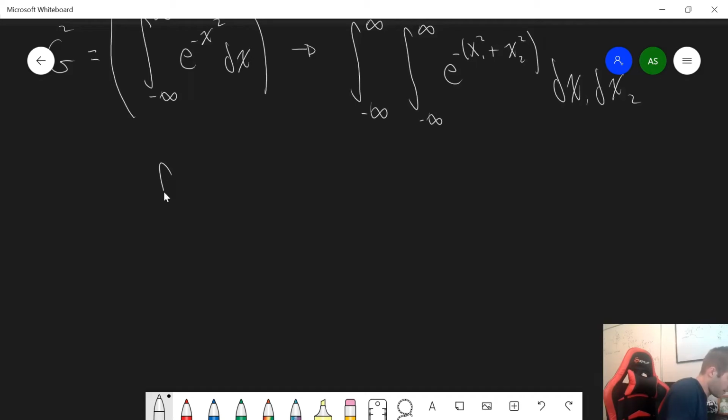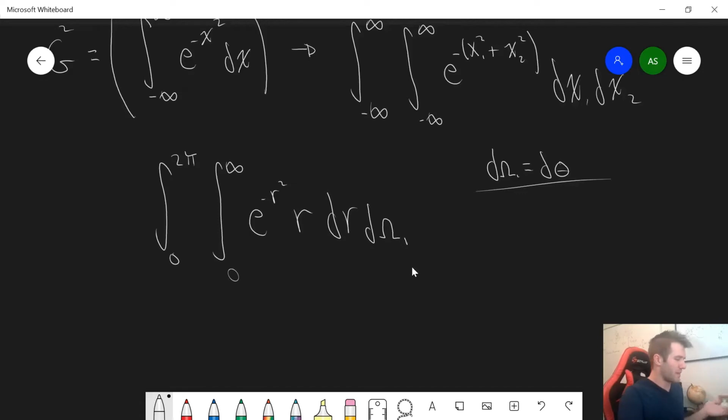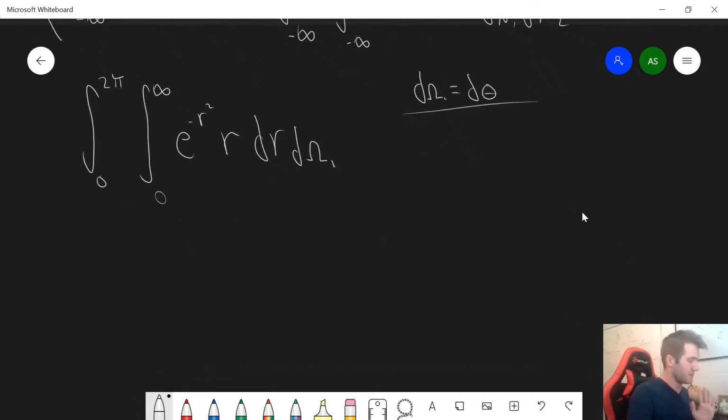We're going to obviously have our 0 to 2 pi on the outside here, and this is going to go from 0 to infinity, and we're going to have e to the negative r squared times r for our Jacobian, and dr, and then we are going to do d omega subscript 1, which is a little different than last time, but you'll see d omega 1 is just equal to d theta. It might not seem like that's necessary for this purpose, but it'll make sense later on.